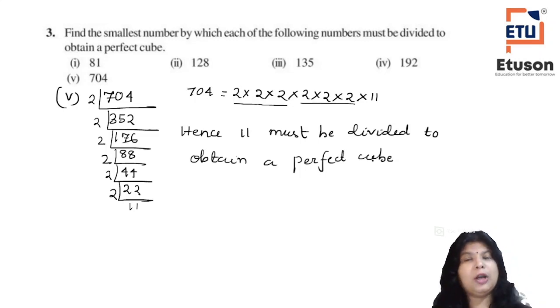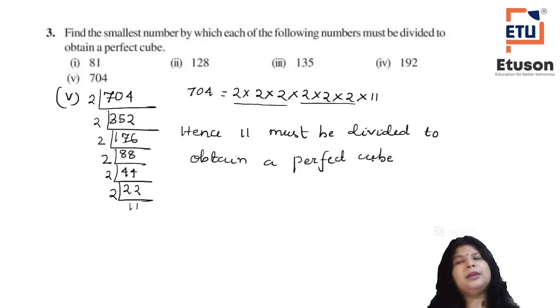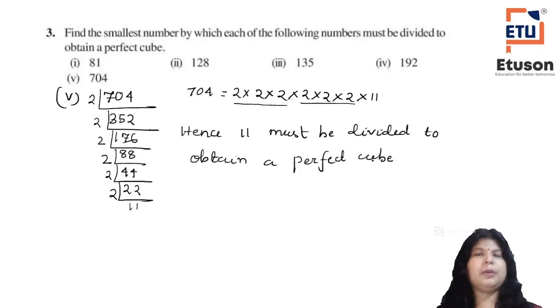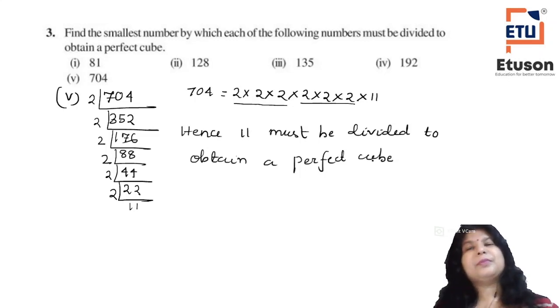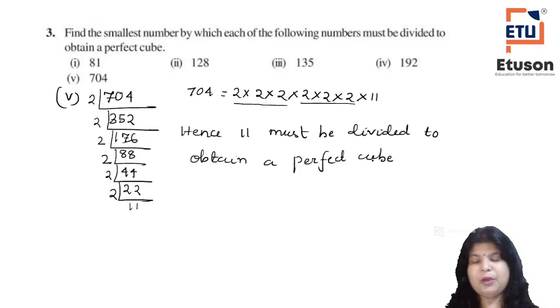So what is not there, that you are going to find out, but here the extra thing you have to omit. So the extra thing has to be divided. In case of the number to be divided to obtain a perfect cube, you have to just omit the extra thing. Okay children, hope you have understood.